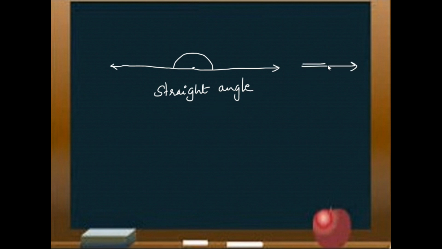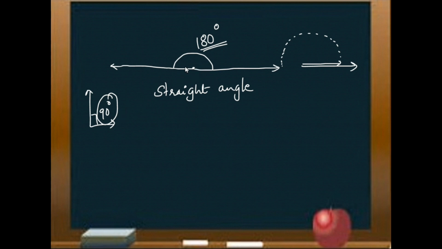Your ray which was overlapping this has traveled up till here, and it has become a straight angle now. The measure of this straight angle is also definite, that means it is permanent, 180 degrees. It doesn't change, just like your right angle. Right angle is always 90 degrees. Straight angle is always 180 degrees. So it is double of your right angle.